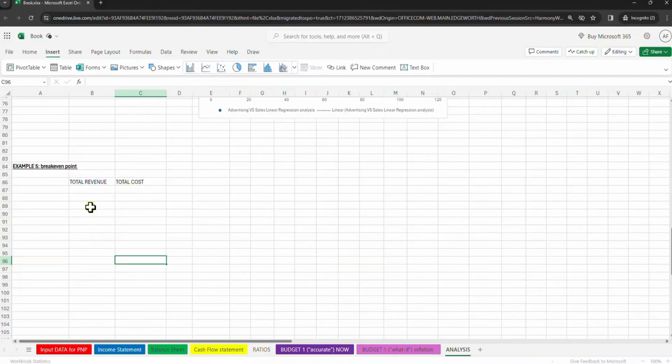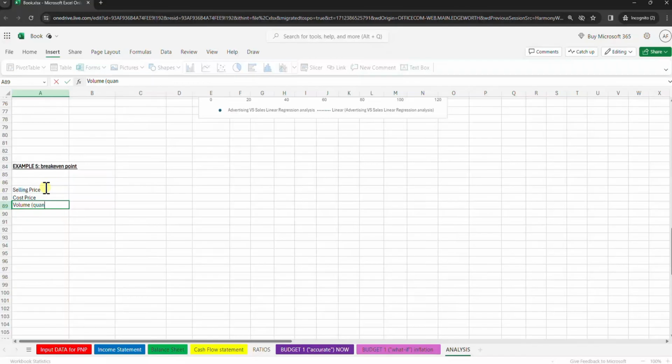I'm just thinking how we're going to do this because revenue will be based on price. We need prices. We need sales and cost of sales. So we need selling price, and we need quantity as well. I'm just trying to think of the best way to represent this. Maybe this wouldn't be the best way. We'll need selling price, cost price, and then volume, quantity.